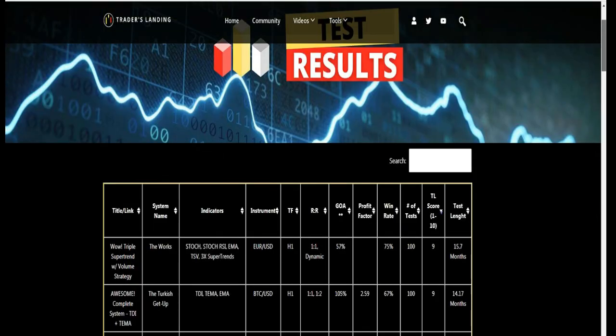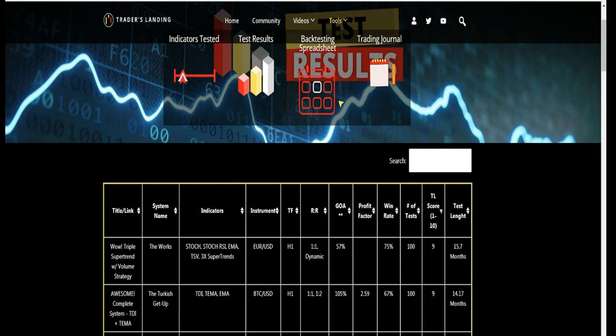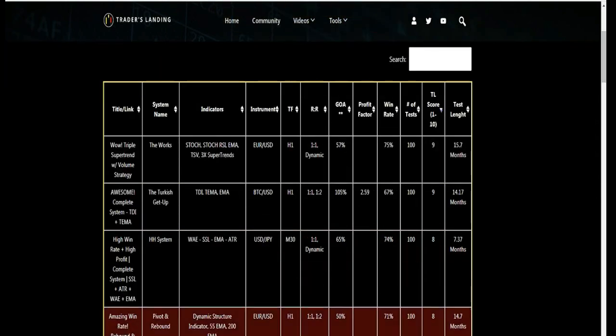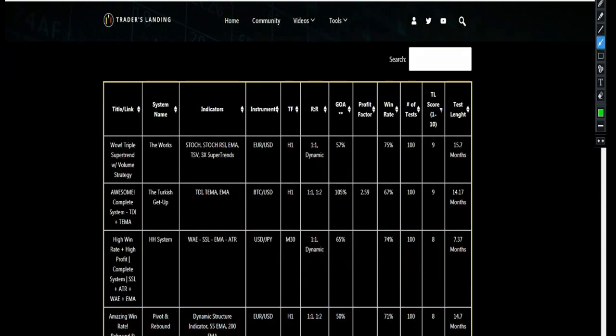Then we have here tools. For example, here backtesting spreadsheet. It's what I really like about this channel. See here, very nice.